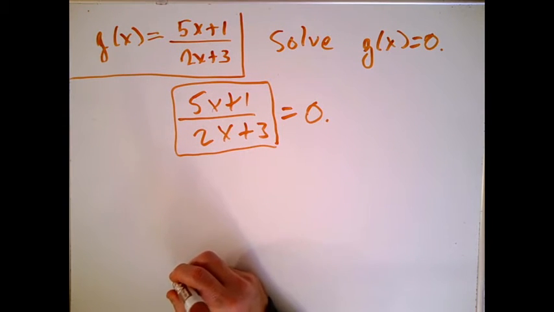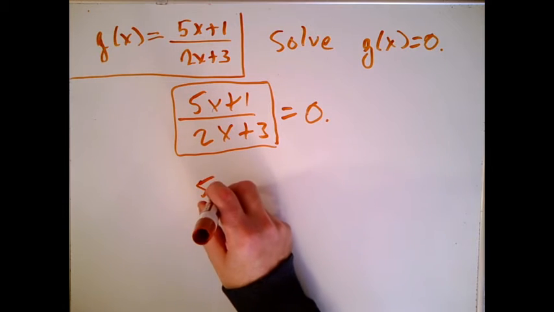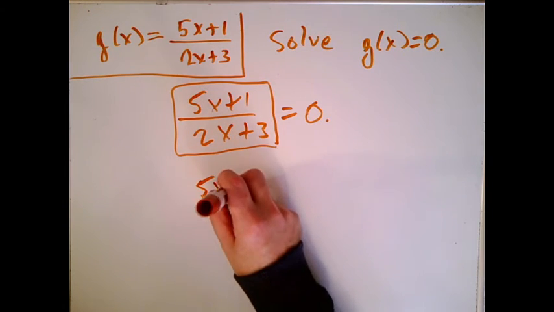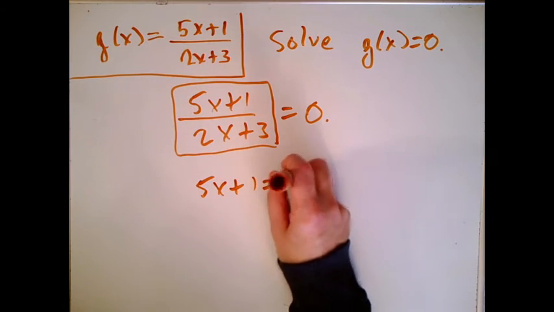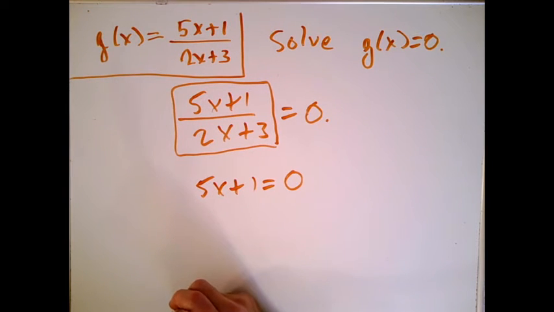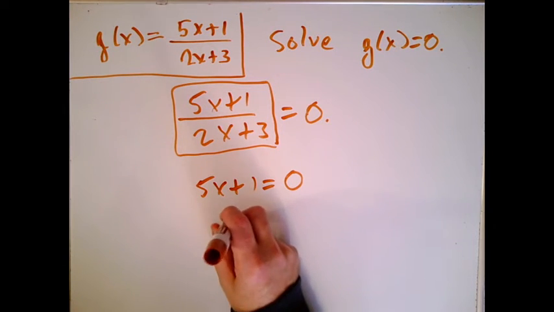So all I'm going to do is set the top equal to 0. Now in this particular example, that's the same thing I would get if I were to cross multiply, but there are times when you only want to set the top equal to 0 and there's not a whole lot to cross multiply.